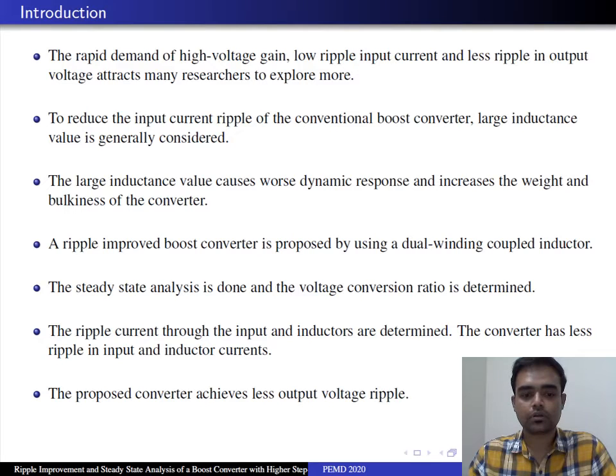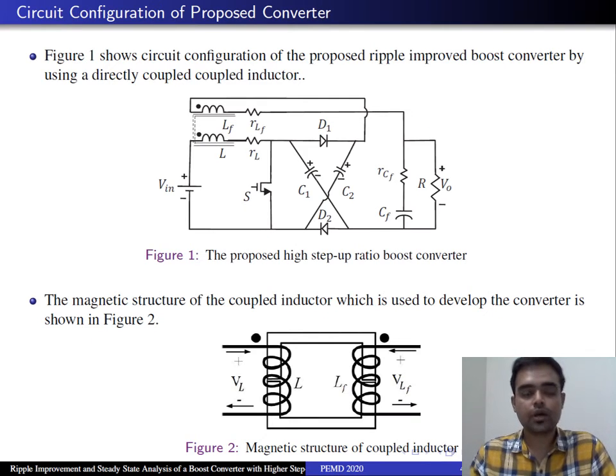The ripple through the inductor currents will also be discussed, and you can see that the ripple in input current, inductor currents and output voltage is less than the conventional boost converter.